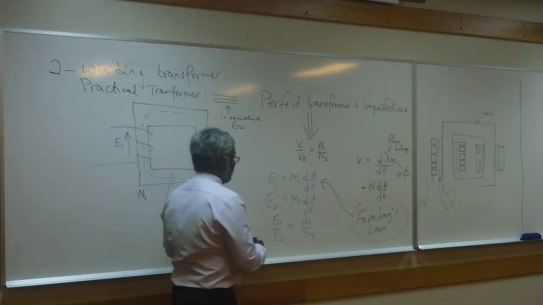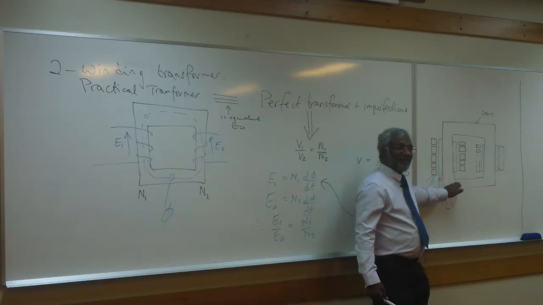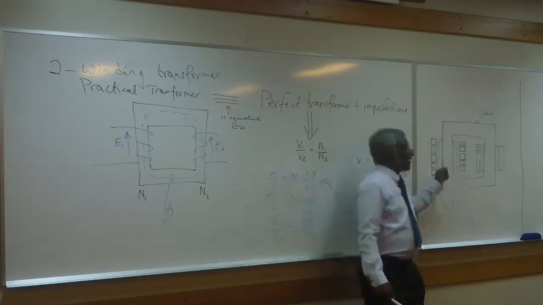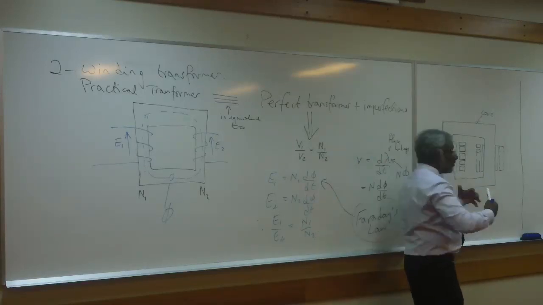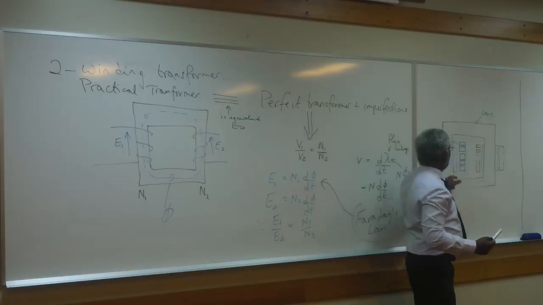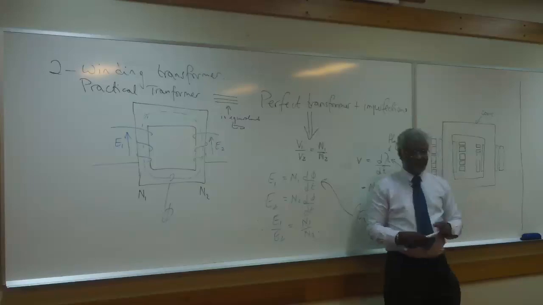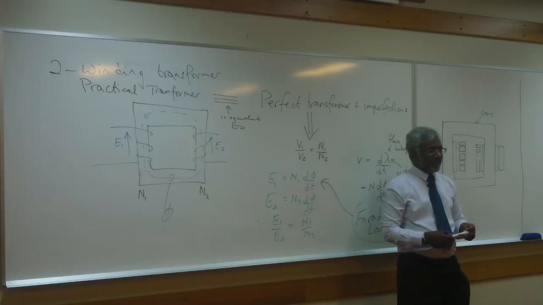And that also is the reason why we build the transformer this way, rather than this way: you have less leakage because both of them are sitting together, so they are more intimately coupled. Therefore, they are less likely to suffer from leakage. All right. So that's one equation for the perfect transformer.